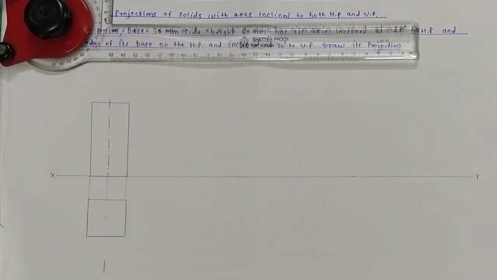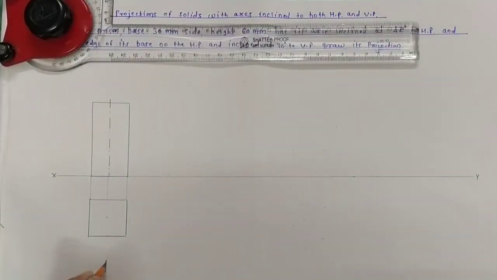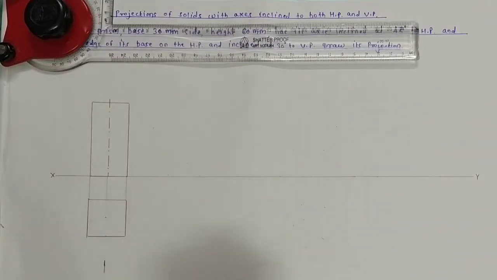This is the initial position of the square prism. Show the position of the observer. Now in the intermediate position, the axis is inclined at 45 degrees to HP.